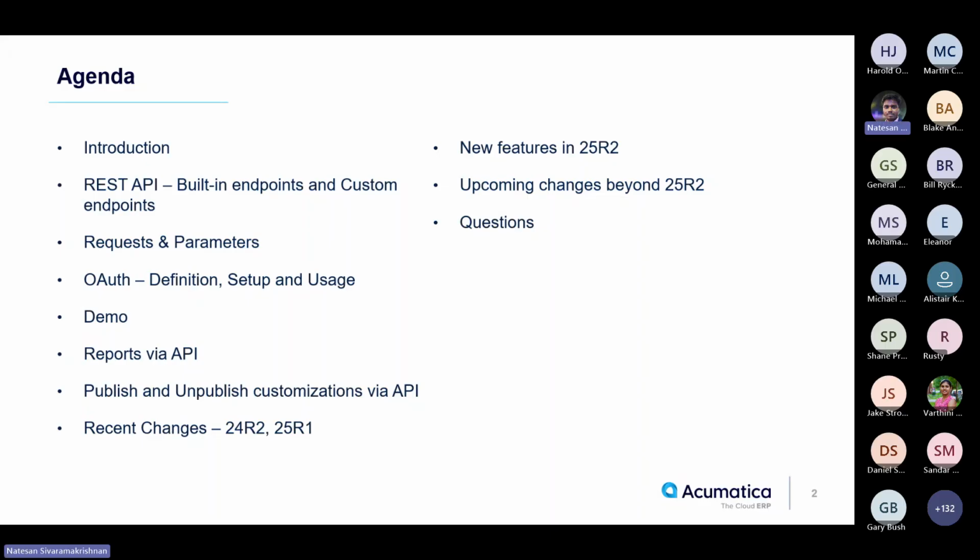And also, we'll see a demo of the features that we discuss, and beyond that, we'll see how to use reports via Acumatica REST API, and also publish and unpublish packages through the API.